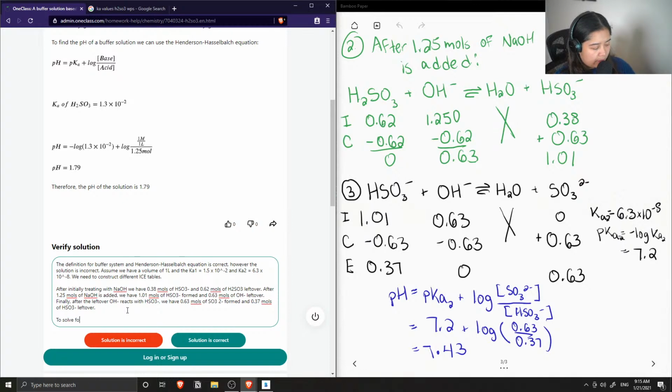To solve for final pH, using the Henderson-Hasselbalch equation, we get around 7.43.